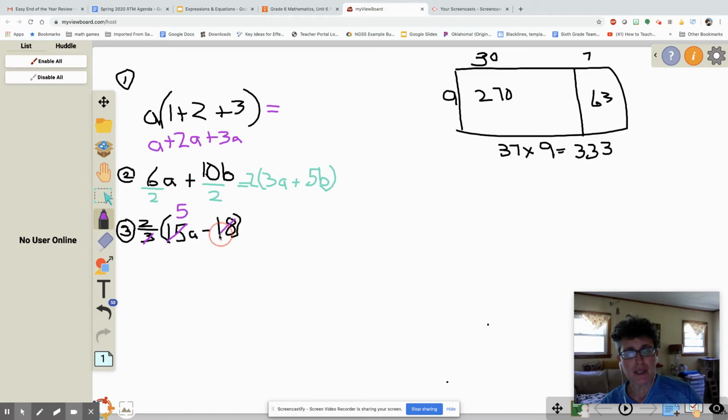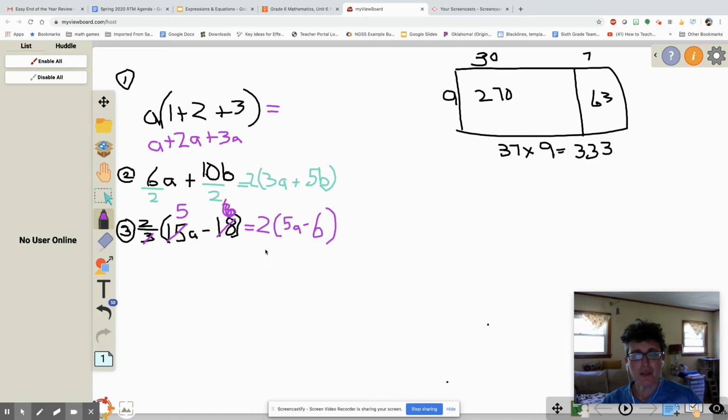I divide 18 by 3, and I'm left with 2 times 5A. It's not 3, it's 6. All right. We're going to pretend I didn't make that mistake and say 5A minus 6.